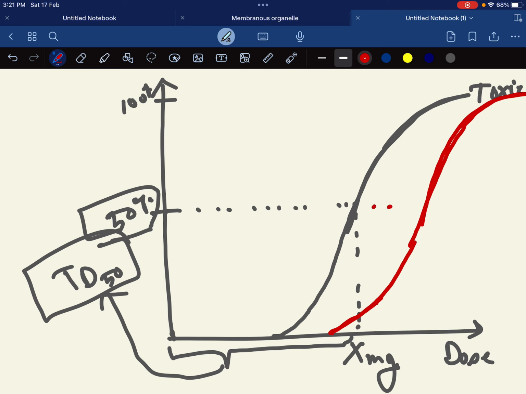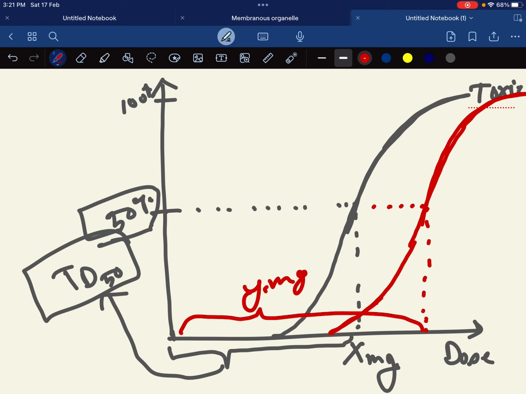So again, this is 50%. Now you take the abscissa, say Y milligram. This is the Y milligram dose at which 50% of the population will die. This is called the median lethal dose.